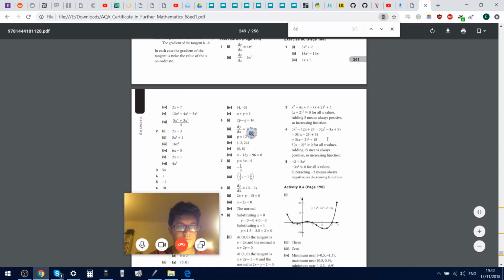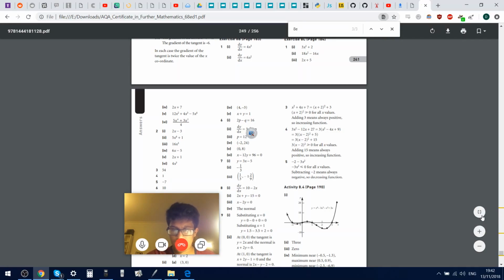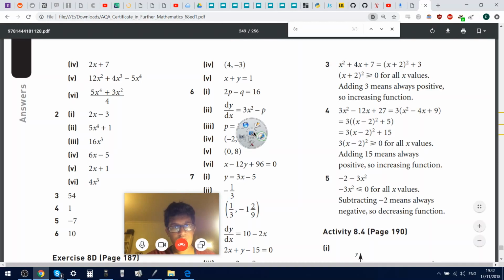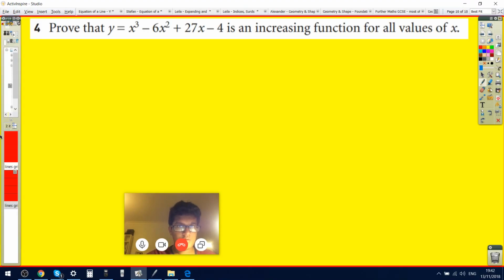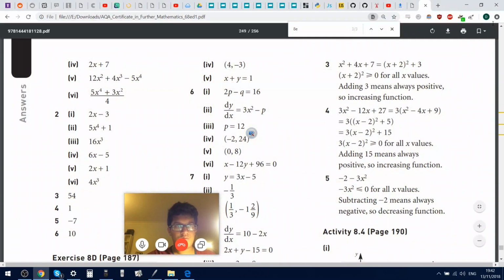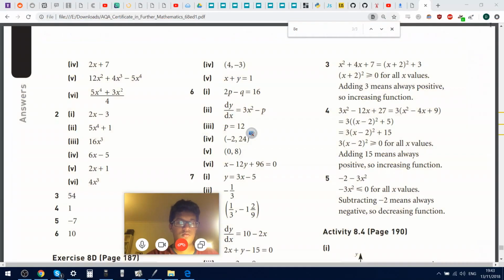So they wrote it in completed square form, and they just said it has to always be positive or greater than 0. No, question 4. Did I take in the right question? That's just totally different.